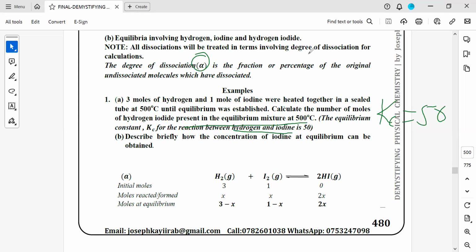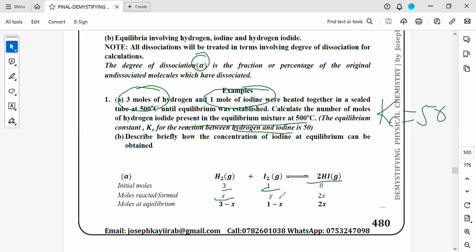We have the number of moles of hydrogen initially and the number of moles of iodine initially. Of course, you have to balance the stoichiometric equation. So you have 3 moles initially for hydrogen and 1 mole for iodine. Then the moles that reacted, since we don't know them and they're the ones we are finding at equilibrium, we let them be X. So the number of moles that reacted were X and X on this side.